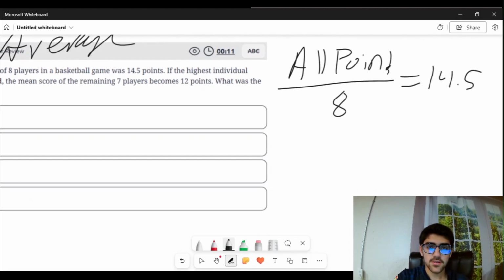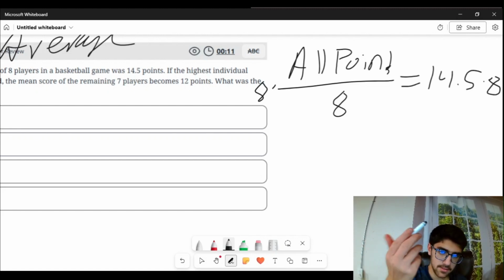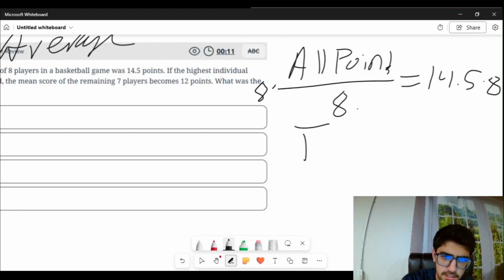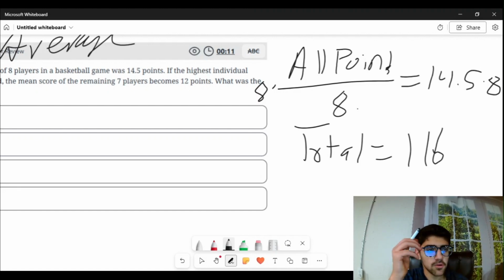Now, if we multiply both sides by 8, we can find the total number of points they all scored. So just put 8 times 14.5. I got the total. The total point score was 116.